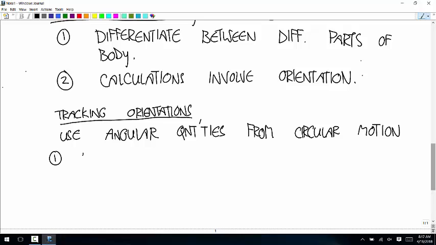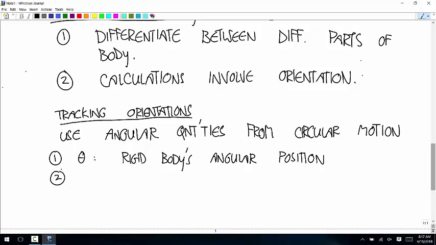So these angular quantities are theta, that's the angular position. So that's a rigid body's angular position. Then the rigid body's angular velocity, how do we represent that? Yes, omega, lowercase omega.